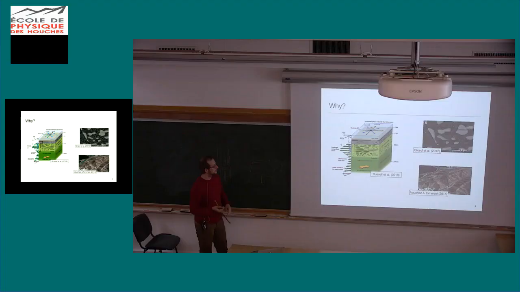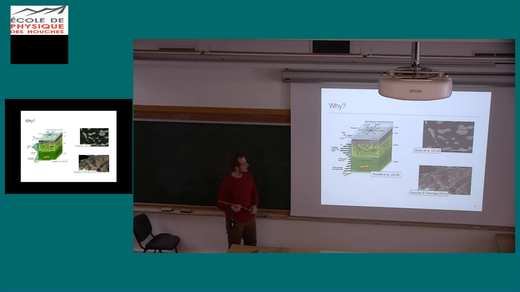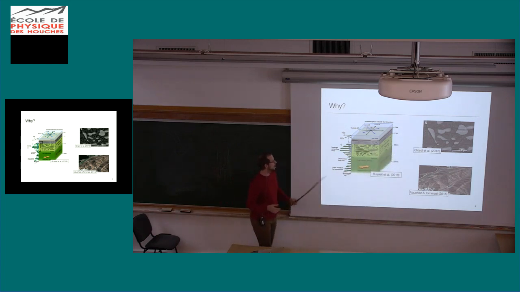Well, those are just three examples showing that you see heterogeneities on all scales in the Earth. You see it on outcrop scale, so this is from a paper by Alain and Andrea. You see it in the lower mantle, where you have bridgmanite and ferropericlase, and you also see it in the lithosphere. Everywhere there are some heterogeneities, and usually what we do in the numerical models is assume just a homogeneous layer.